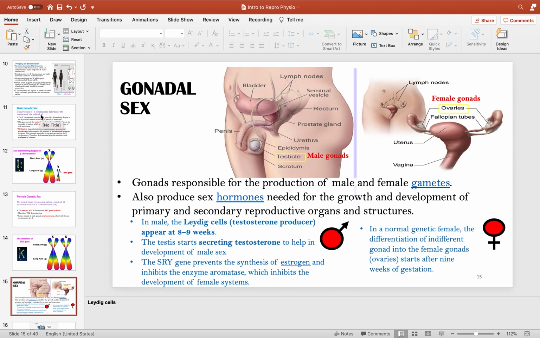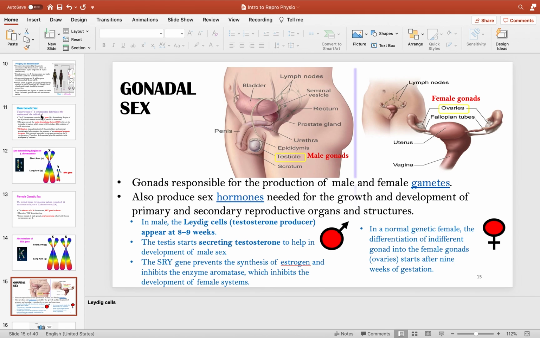Gonadal sex. The gonad is responsible for production of male and female gametes. It also produces sex hormones needed for the growth and development of primary and secondary reproductive organs and structures. In males, the Leydig cells, the testosterone producers, appear at 8 to 9 weeks.